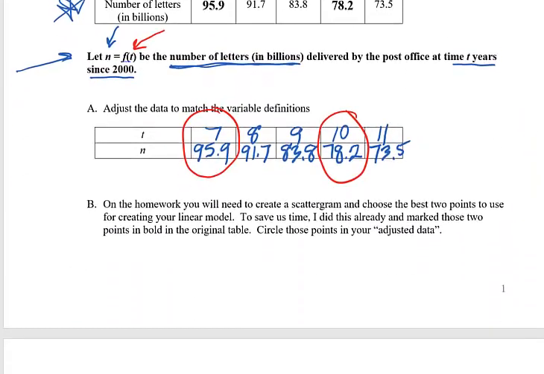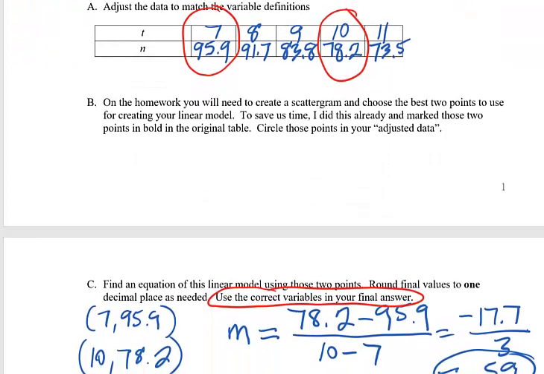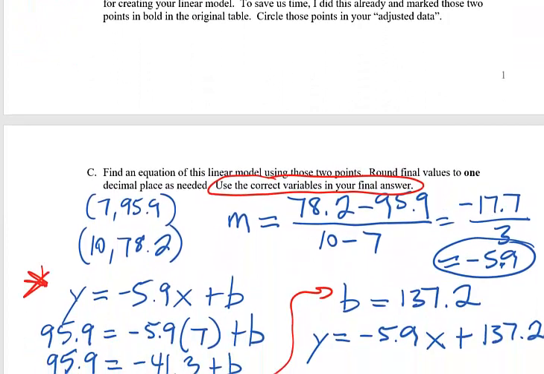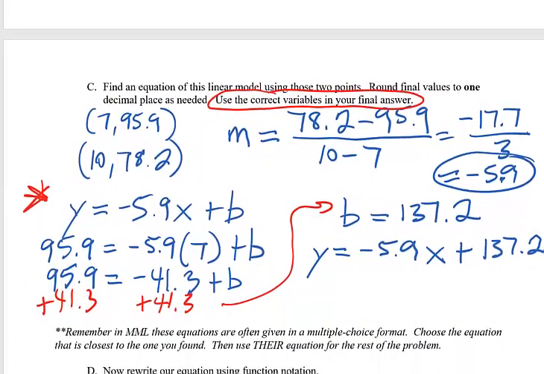Let's see, that's where I go back to my let statement. And it was n for my y variable, and then t for my x variable, for my independent variable. So n and t. So then in my final equation, my final answer to part C, I would simply use those correct letters.